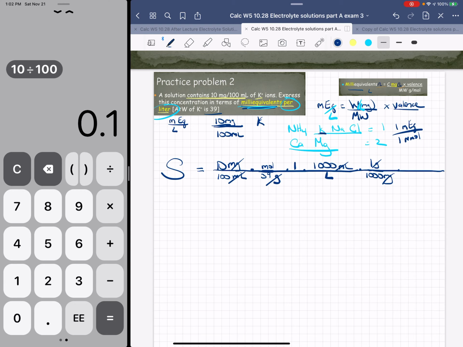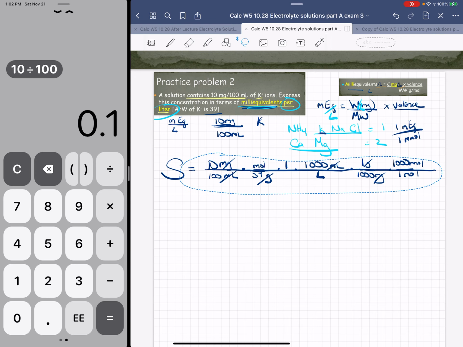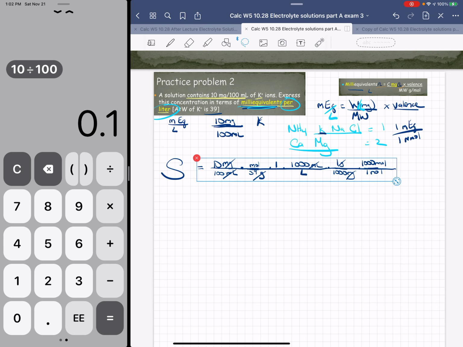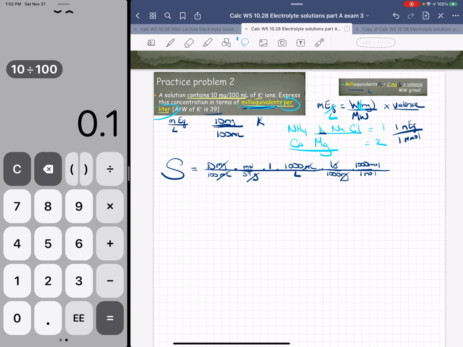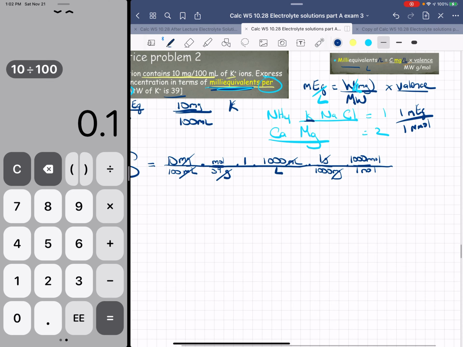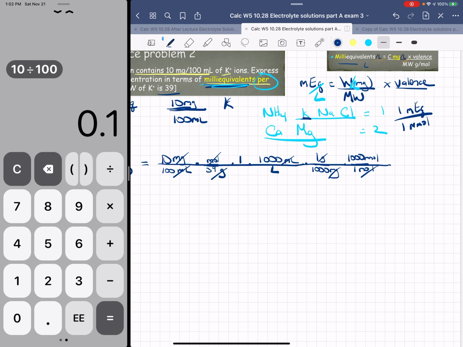So I need to do 1 mole is equal to 1,000 millimoles. And I'm running out of room. Great thing about using an iPad, I can manipulate, move, or resize. Love it. If you ever want any tips on iPads, let me know. And if you ever have any tips to share on iPads, let me know. I love working with them. Okay, so those cross out.